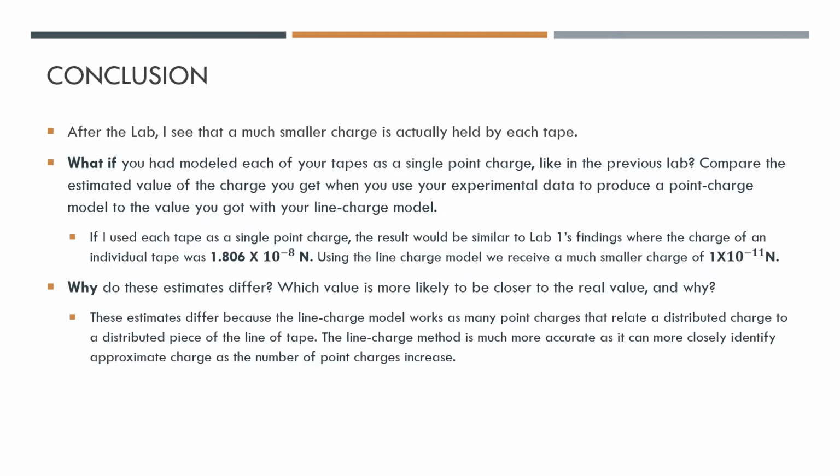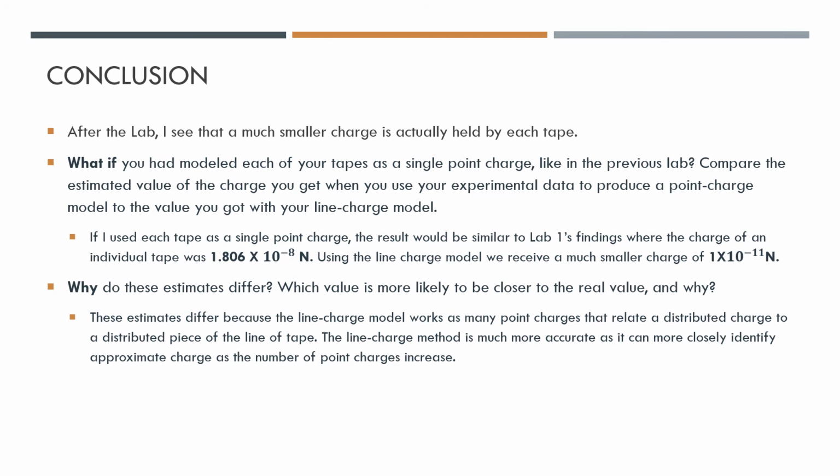After finishing the lab, you can see that a smaller charge is actually held by each tape. What if you had modeled each of your tapes as a single point charge like the previous lab? Compare the estimated value of the charge you get from your experimental data using a point charge model to the value you got with the line charge model. This was a post-lab question, and it really is just trying to get us to compare Lab 1 and Lab 2.